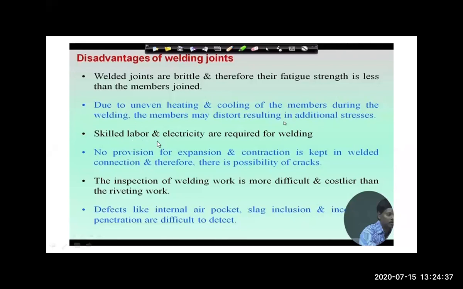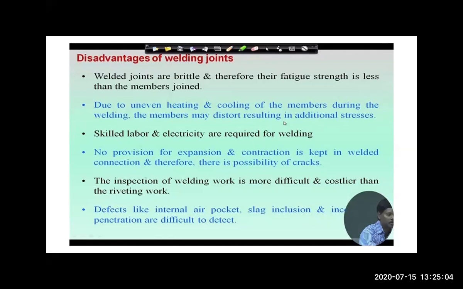Then skilled labor and electricity are required for welding. In the bolted connection, anyone can place the nut and bolt. We only have to match the holes of the two or three plates, simply insert the bolt and tighten the nut.